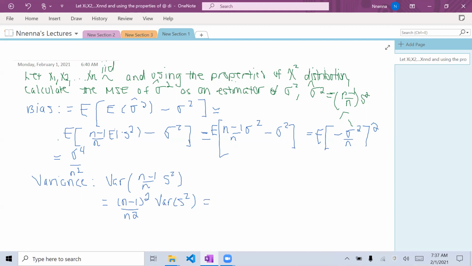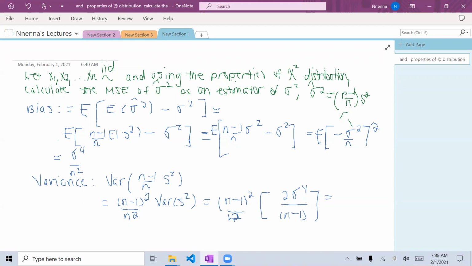It's going to be equal to n minus 1 squared over n squared, and we know that the variance of S squared is 2 sigma to the 4 divided by n minus 1. So there's going to be a cancelling out of the n minus 1s.